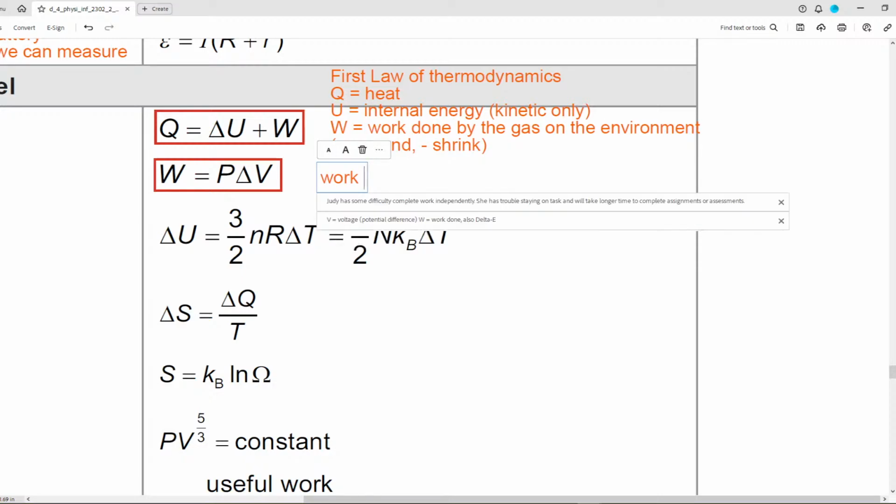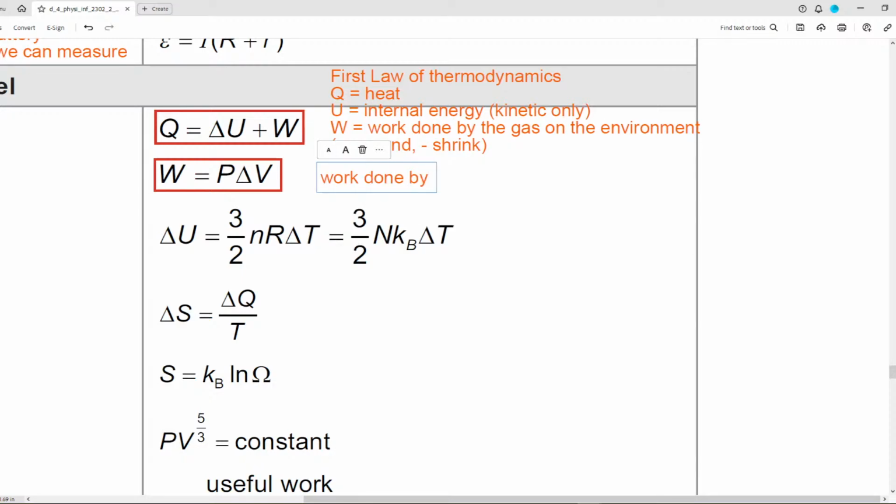That's what I meant, not temperature constant. Work done by an isobaric gas, which means P is constant. By changing volume, we can calculate its work done just by looking at how much the volume changes.